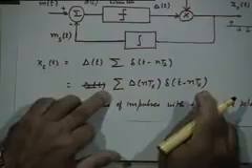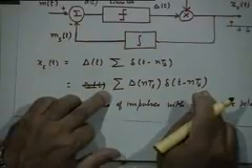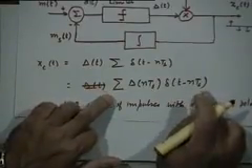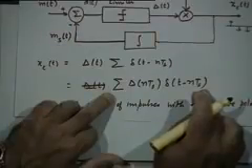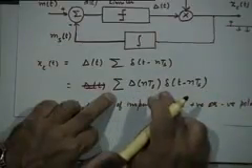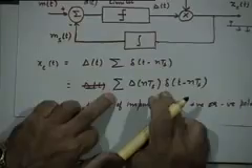Now let's look at the reference signal. The reference signal is being generated from this signal, by integrating this. When you integrate this kind of signal, what will you get? This impulse will become a step function.